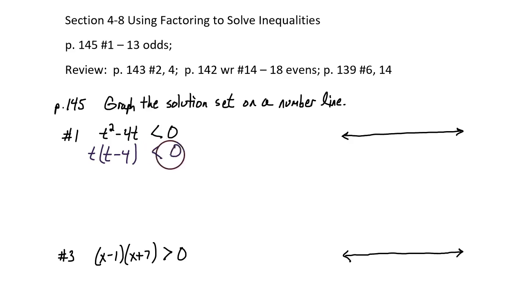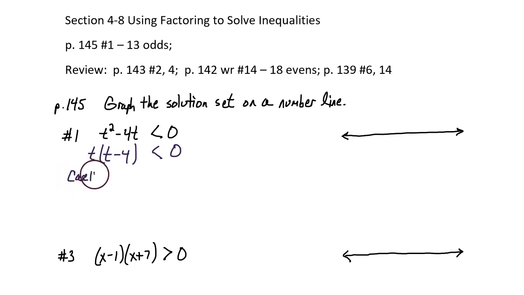This is where these problems are different from the previous section. Let's consider the cases where this product of two things could be less than 0. How is it possible that a product of two numbers ends up less than 0, which means negative? One of the things must be positive and the other must be negative. There are two possibilities.